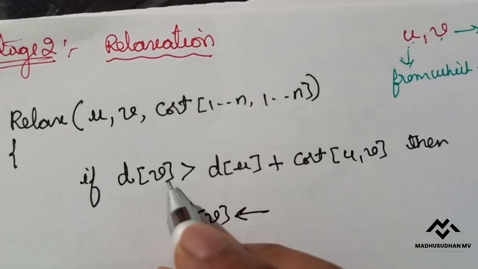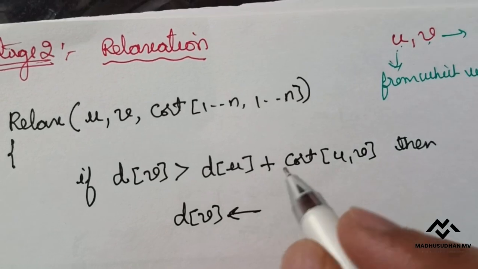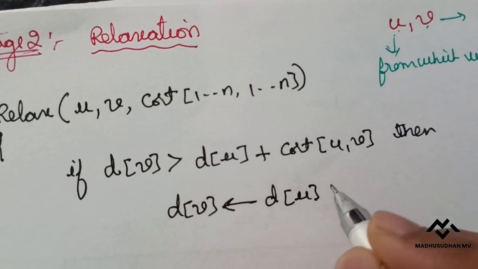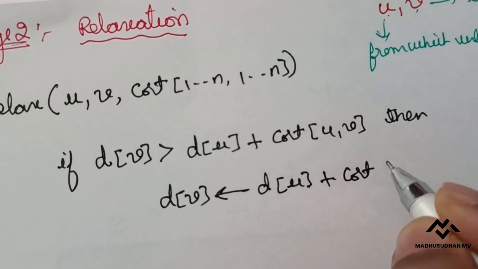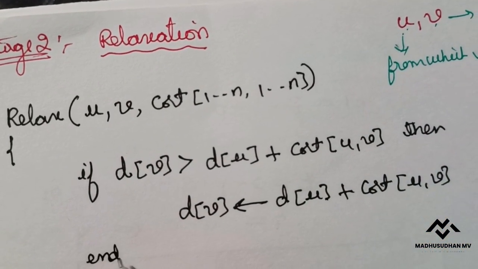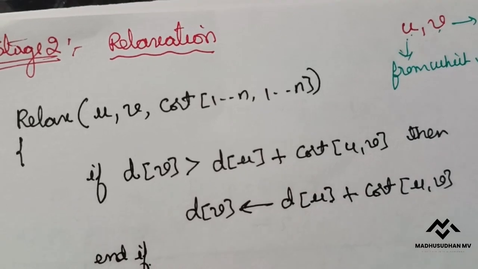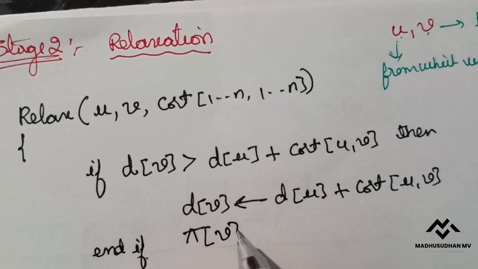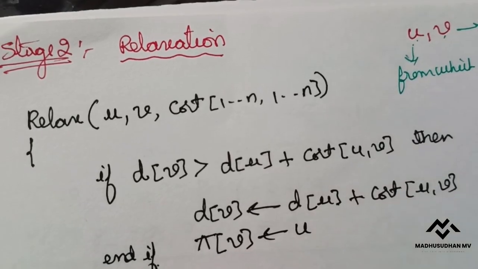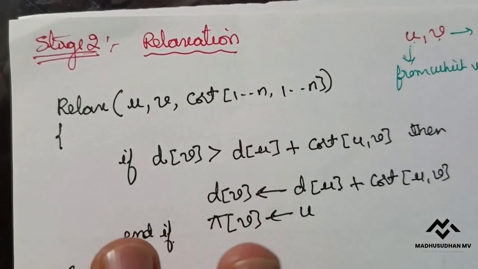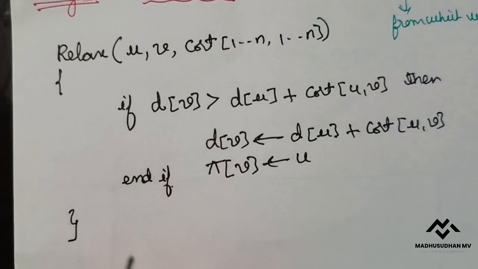So if this is greater and this is lesser, then the lesser one I assign to the distance. And then we need to find the predecessor also. I'm using the predecessor also. That's it for this relaxation algorithm.